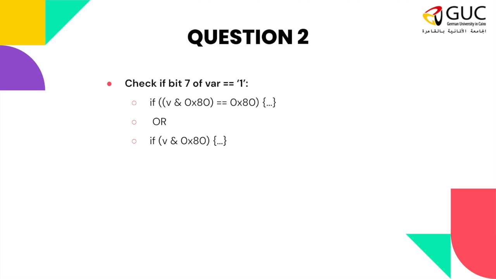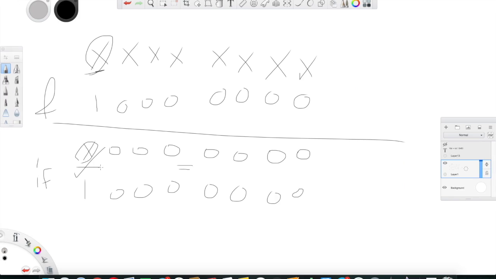However, if at least one bit is a 1, not a 0, it will automatically evaluate to true. So here, if you go back, if I say if my var ANDed with the mask and I did not say equal to the mask, it will perform the masking operation. Okay, and we will have this as a result, X and 7 zeros.